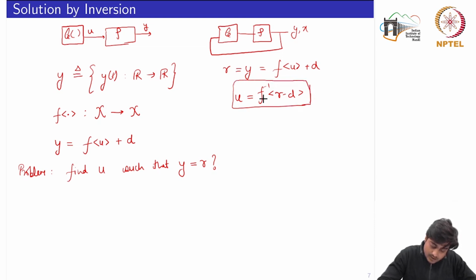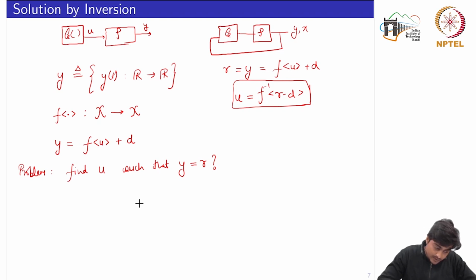So this is the inverse of the function f, and it is a function of the signal r minus d in a similar way as y was a function of u.